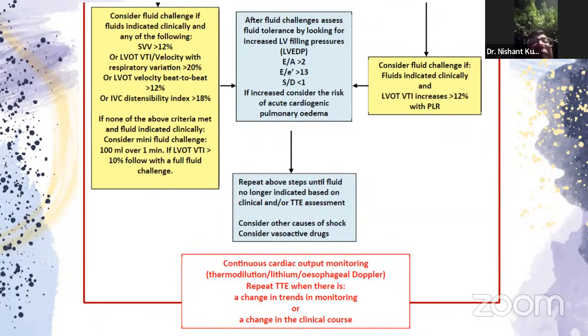So you can see the filling pressures, whether the fluid has been given too much or too less, by E/A ratio, E by E dash ratio, and S by D ratio. And these will tell you whether you're making the patient prone to pulmonary edema or not. Okay, and we can keep on giving fluids and keep on reassessing, but then again, it is time consuming and you require expertise for that. Next, please.